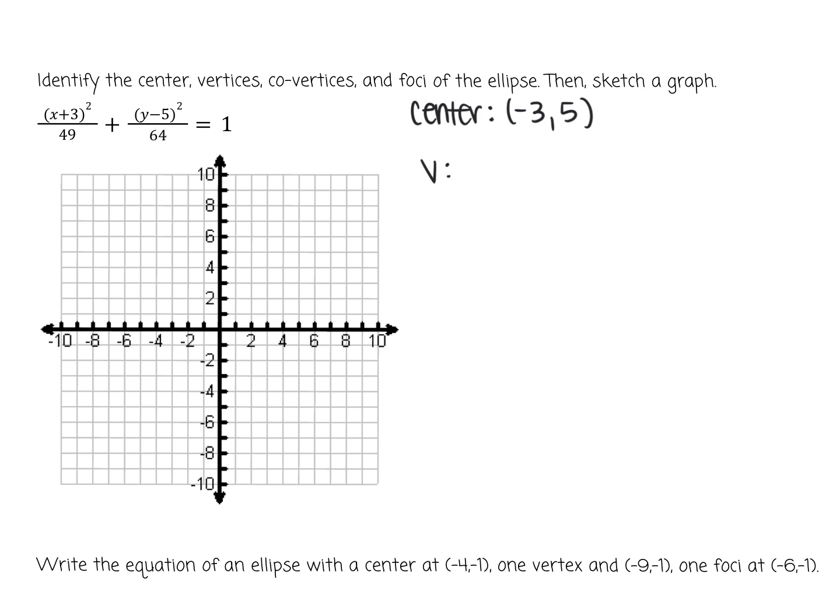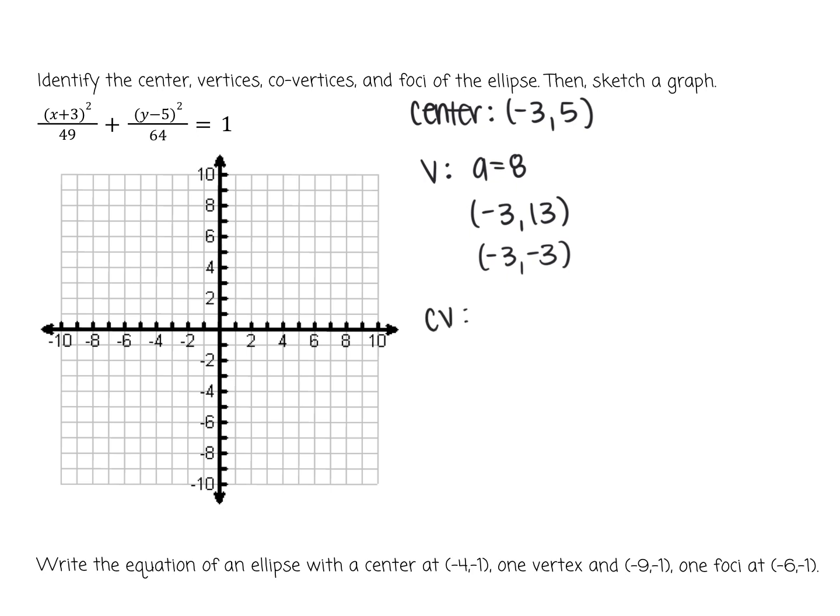For my vertices, a squared is going to be 64, which means a is 8. And because it's with my y value, my major axis is my y-axis, which means I'm going to add and subtract that to the y value of my center. So it's going to be (negative 3, 13) and then (negative 3, negative 3).